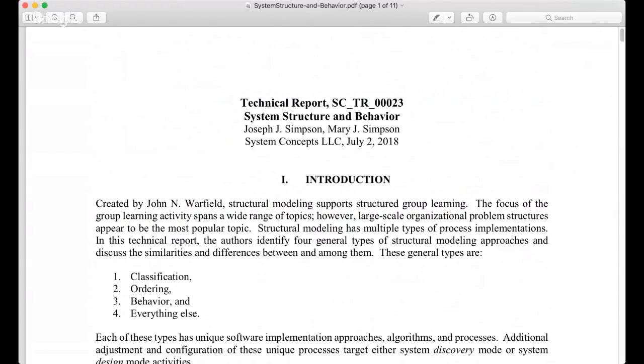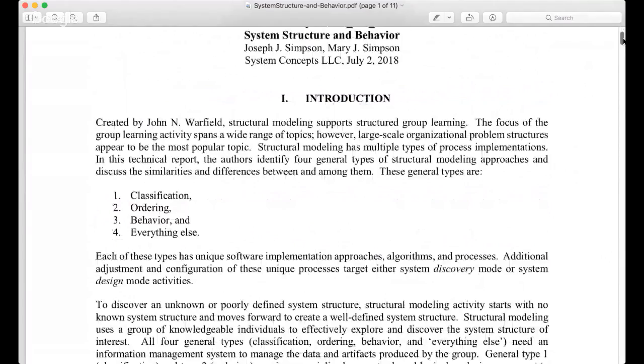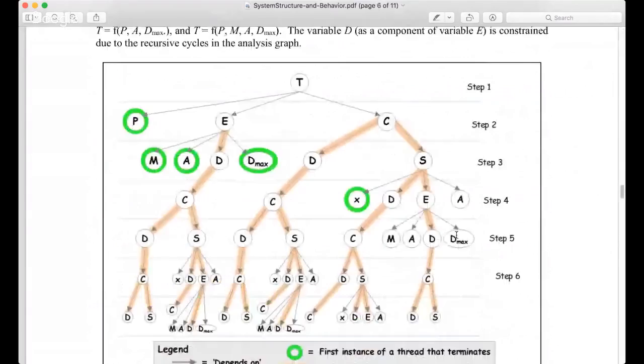And even in this particular tree, one of the things we did that we did not do in our other trees is that we actually repeated D and D and D. You could have a cycle that goes back, but I just decided not to do that because I wanted to go with the steps. It's easier to show the steps that way. Step one, step two, and so forth.